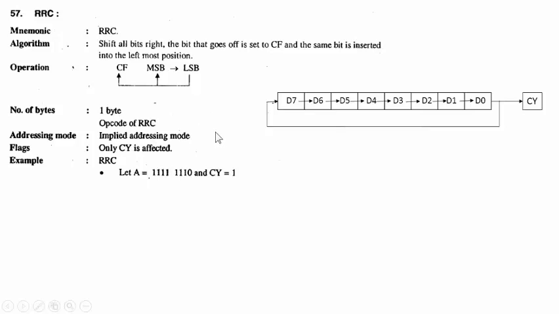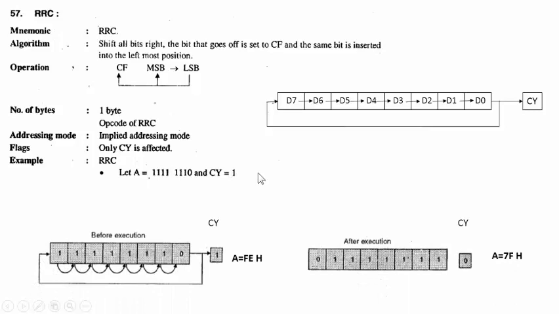So you can say that the D7 bit goes to location D6, D6 bit to D5, D5 to D4, D4 to D3, D3 to D2, D2 to D1, D1 to D0, D0 to the carry flag bit, as well as the D7 location.